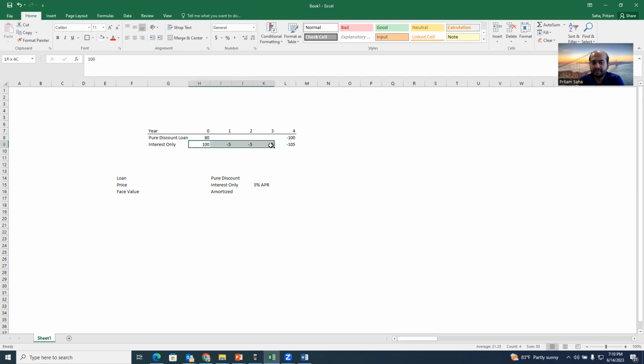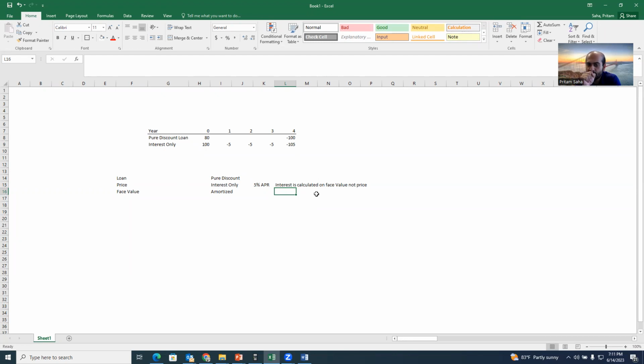This is called an interest only loan. Now you have to be careful. Interest is always calculated on face value, not price. Make sense?